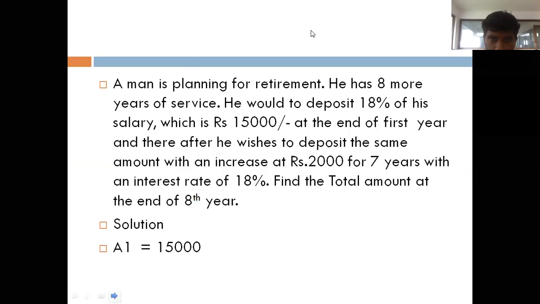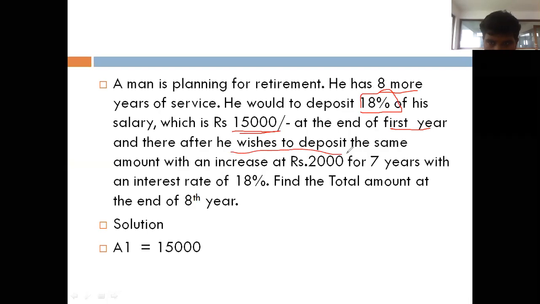So here is the next question, very important. A man planning for retirement has 8 more years of service. He plans to deposit 80% of his salary, which is 15,000. A1 is 15,000 at the end of the first year.